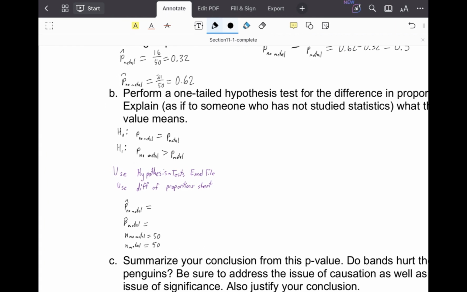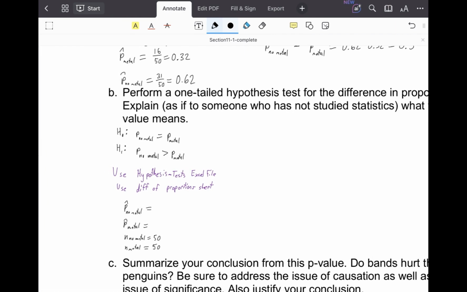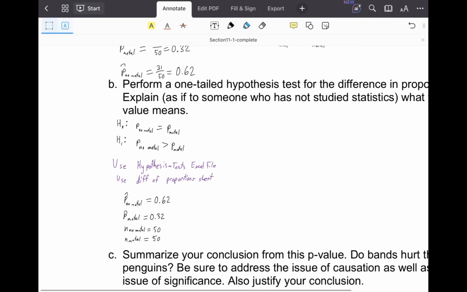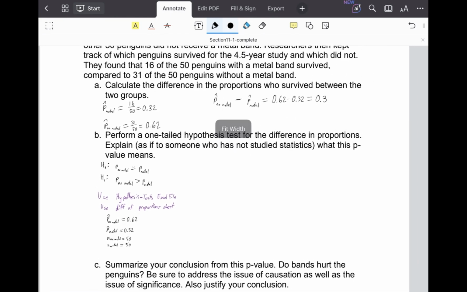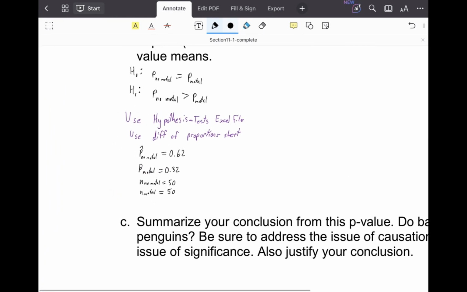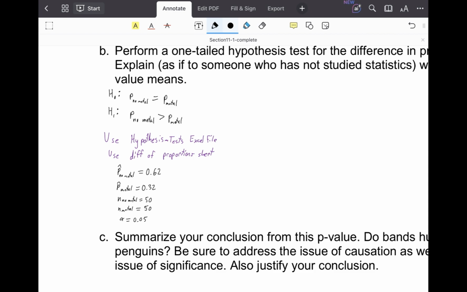We calculated them before, so 0.32, 0.62. The only other thing we need is our level of significance. So, oh, and it actually doesn't give us one for this one. So we actually have a choice of what we can use for this. I'm just going to put 0.05. It's kind of a standard 5%.